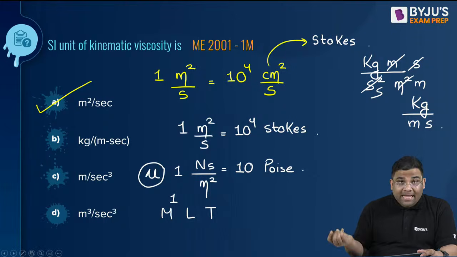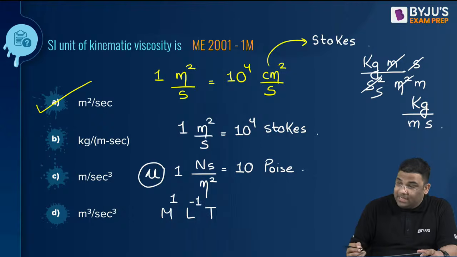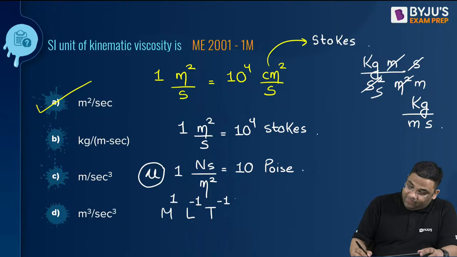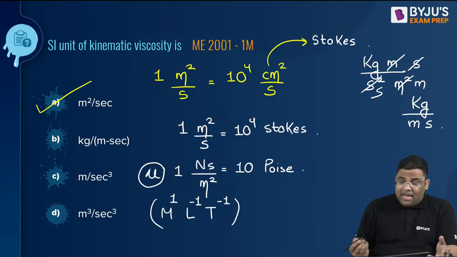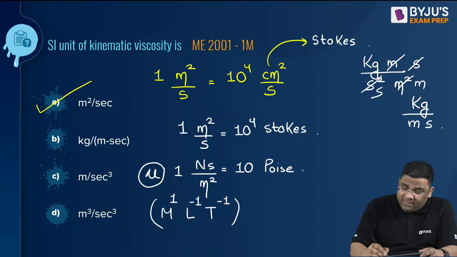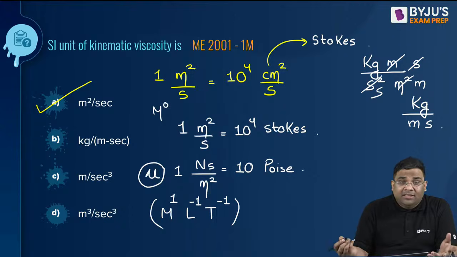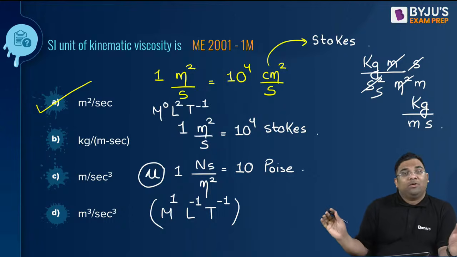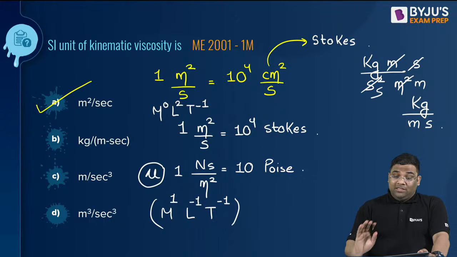Meter is your length dimension, so it will be L to the power -1. And then T to the power -1. And along with units, they ask for dimension, so you can easily find the dimension. And if they ask you for the kinematic one, it's very easy. You don't have mass here, so it is L square T to the power -1. Okay. So these are all the potential 1 mark questions and we discussed them in detail.